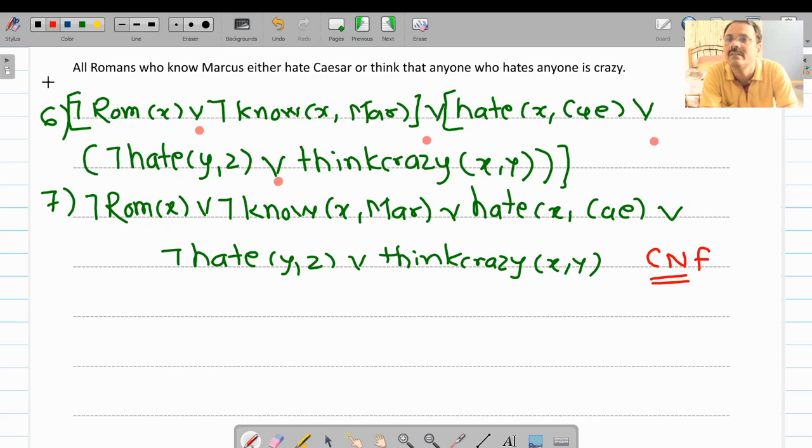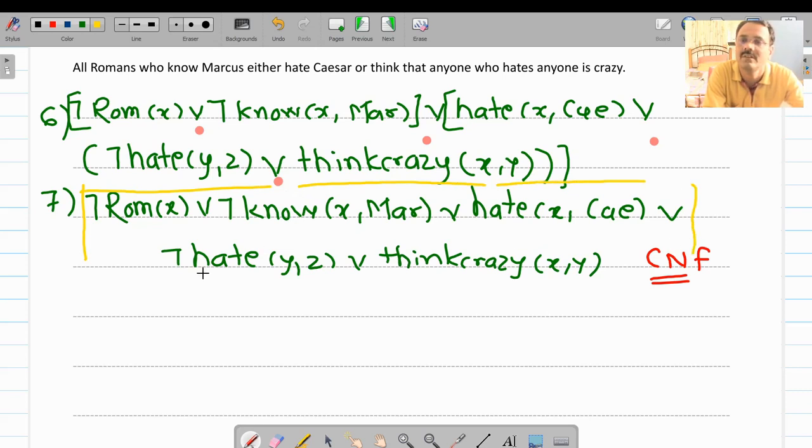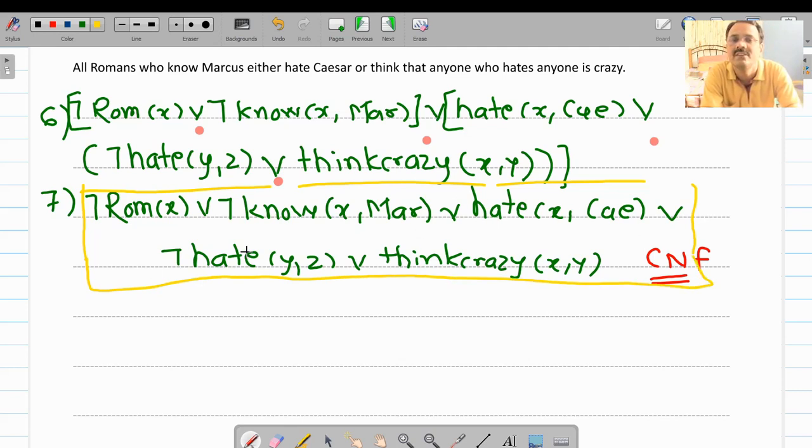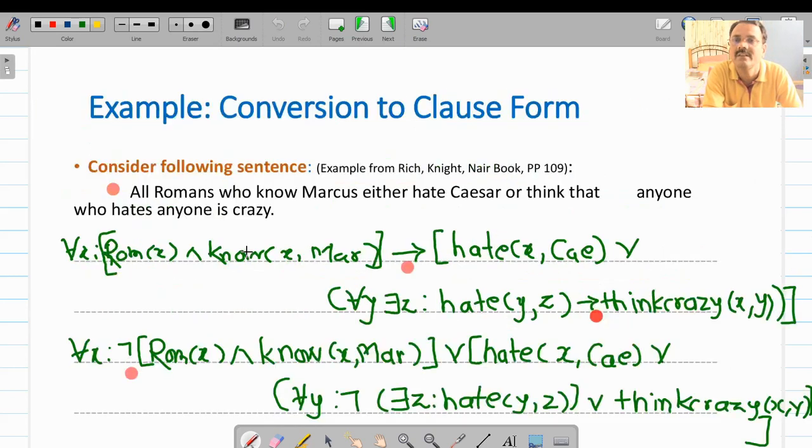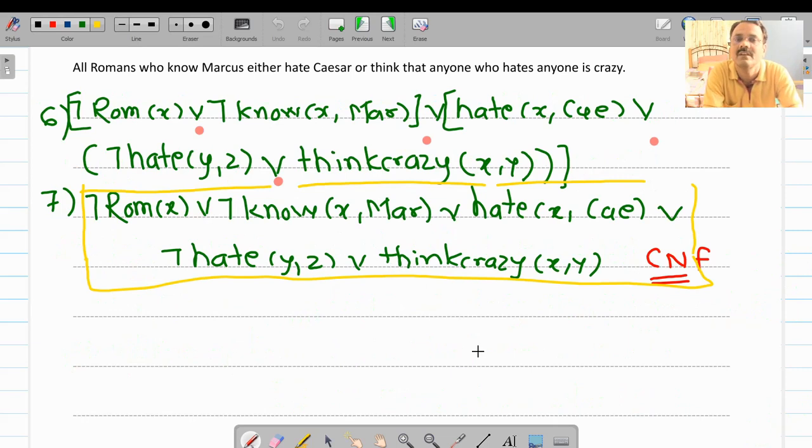So already this is the required standard form. So this will be the output of application of all the steps that we have seen. You will get this, see how simplified this form is. This is equivalent to your original statement. This statement and this statement both are equivalent. So that's how we convert a given statement into clause form.